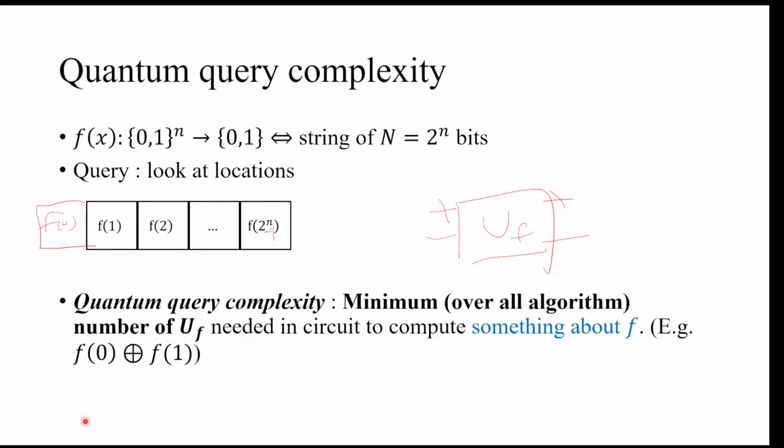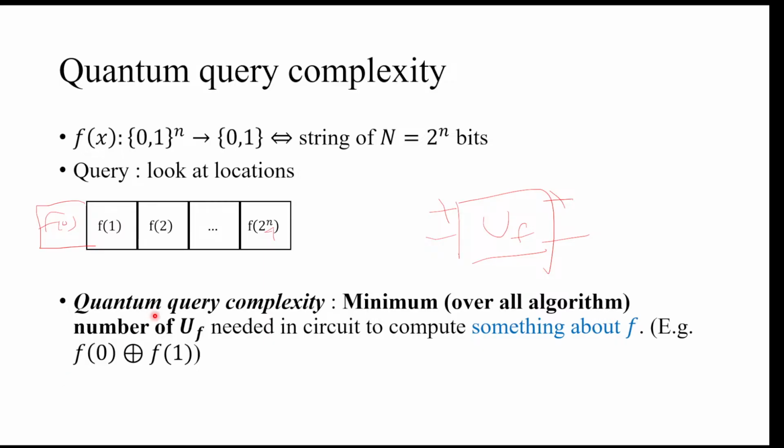In the query, you only try to find just this information, so you can know nothing else. The trick here is you only learn f0 plus f1. You don't need to know f0 and you don't need to know f1, you only need to know their sum.